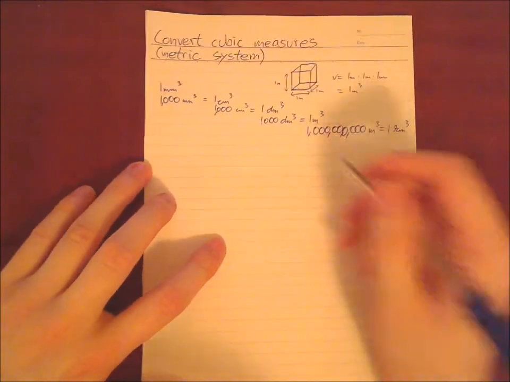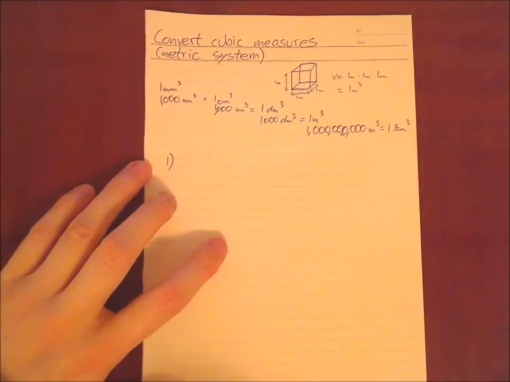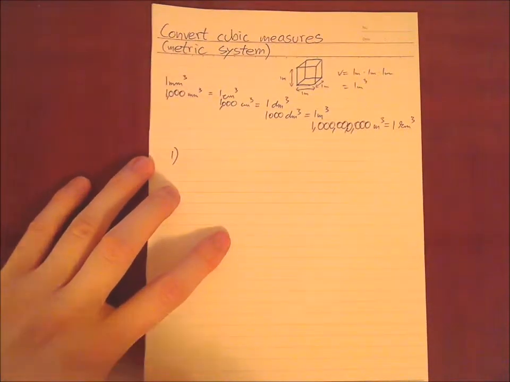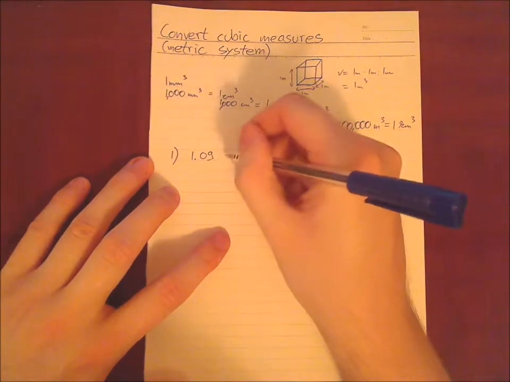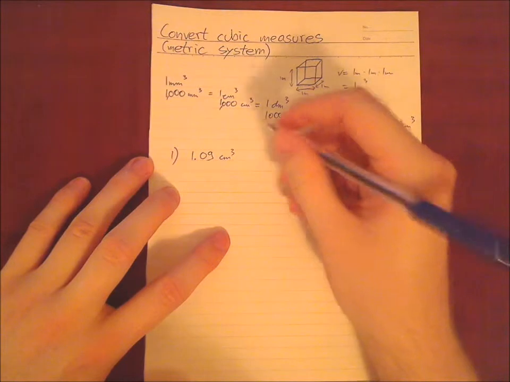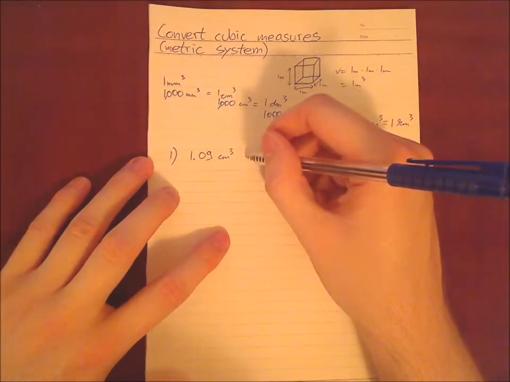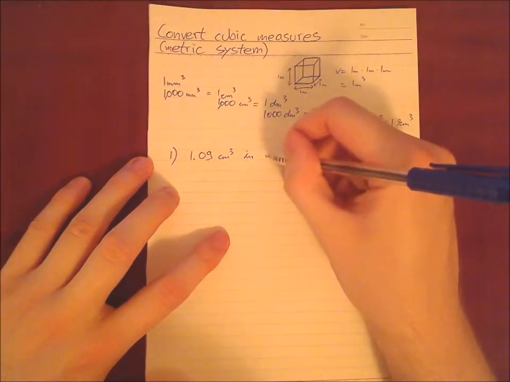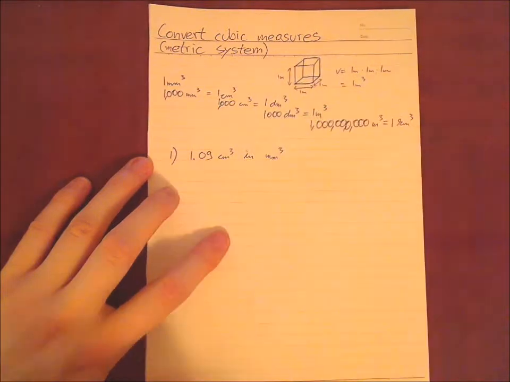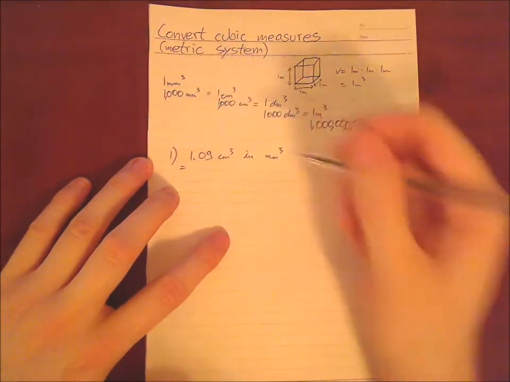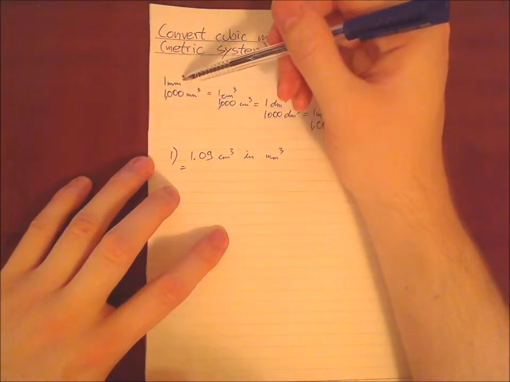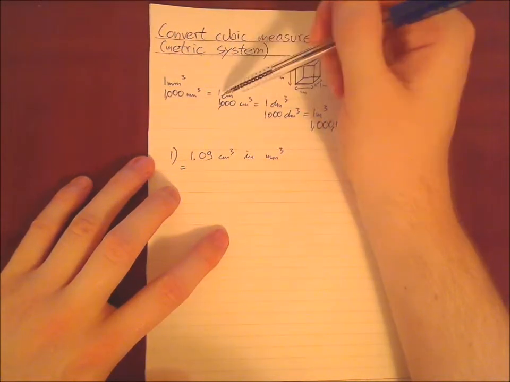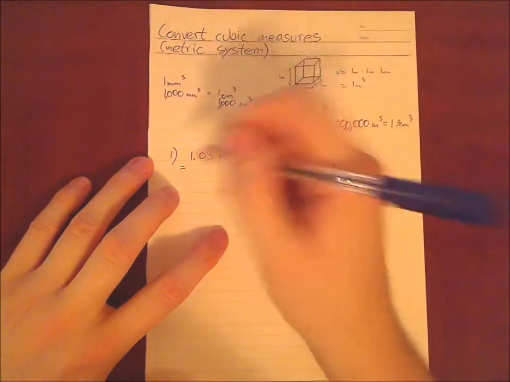So we just calculate 2 examples to show how it works. So we have 1.09 cubic centimeters, and we want to convert it to cubic millimeters. How are we going to do that? Cubic centimeters, cubic millimeters. Okay, we see one step, so all we have to do is add 3 zeros.